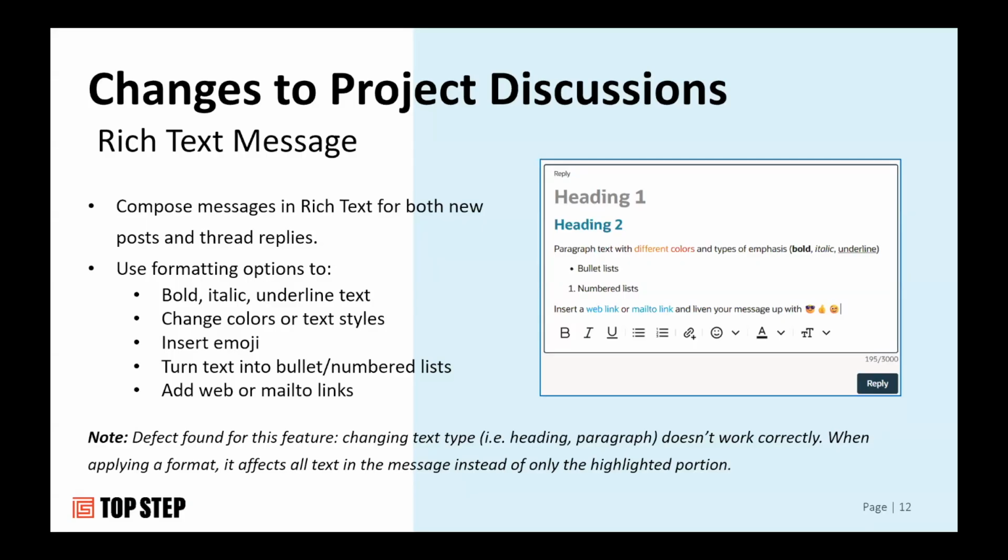We did find one odd behavior: if you're changing the text type from heading to paragraph, it doesn't work as expected. So play around with this and make sure that, as you're changing some of this, it's working the way that you would expect it to.